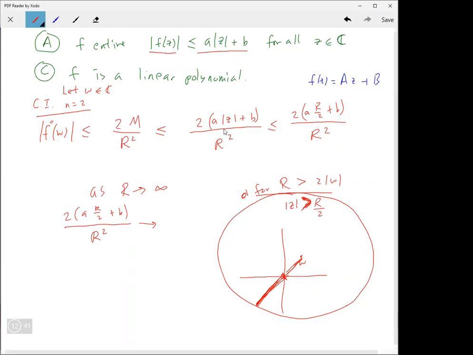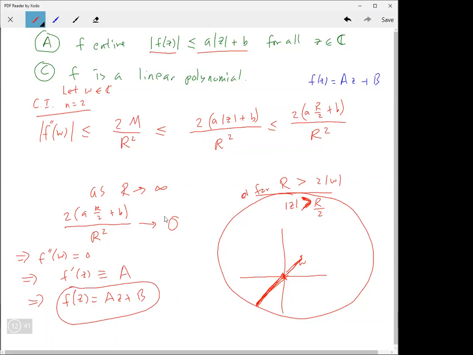That's going to go to 0. So that means that the second derivative is 0. This is similar to what we did before. The second derivative is 0 everywhere, which means that the first derivative has to be a constant, which means that taking antiderivatives, the original one has to be az plus b, which is a linear polynomial. So we've proven this.